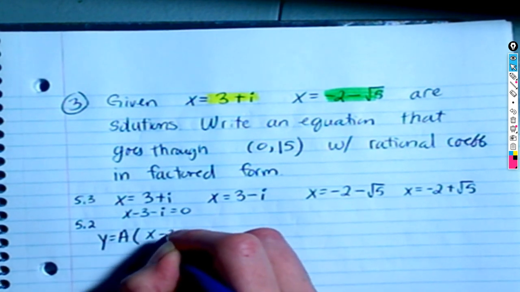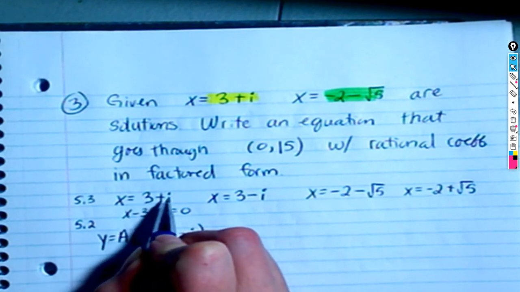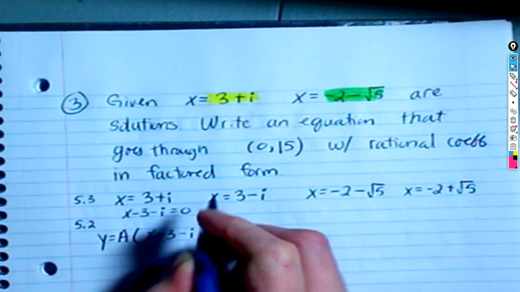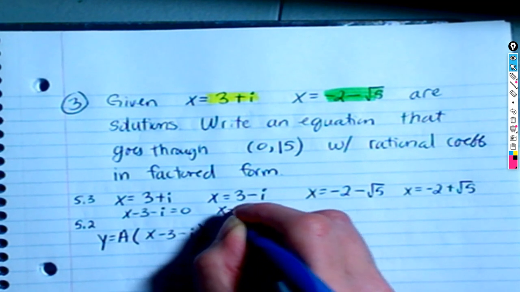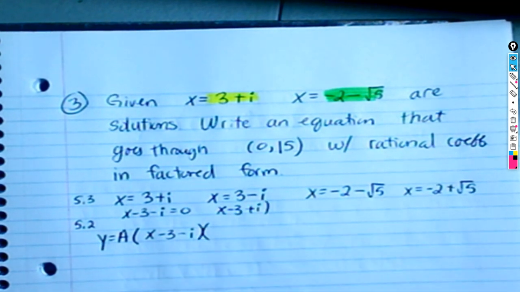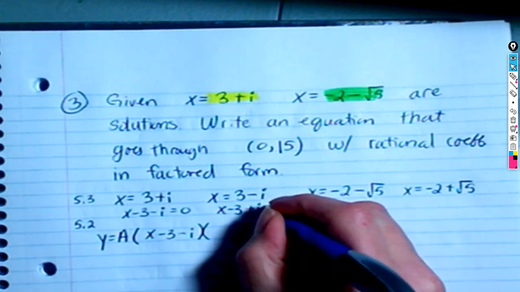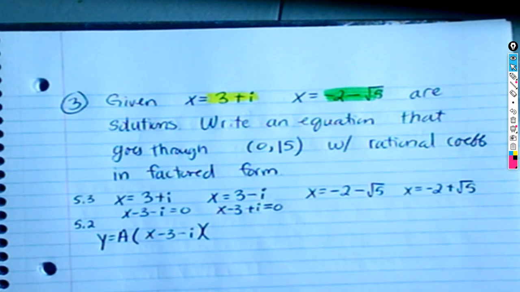This is actually the factor. Notice how it's opposite positive 3 and opposite positive i. So I'm going to subtract these. The subtracting helps me. It's kind of like working backwards. I'm not solving, I'm going from the solutions back to the factors.